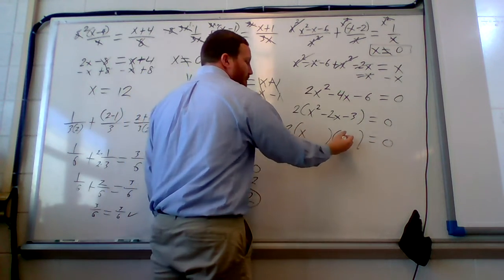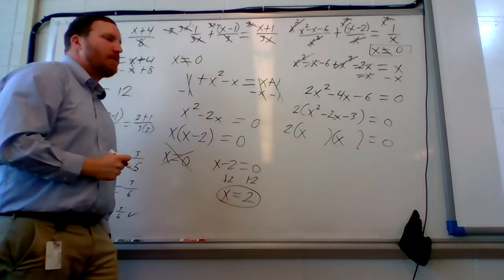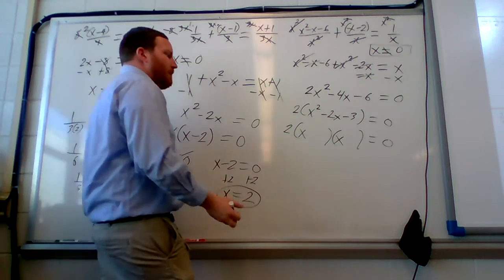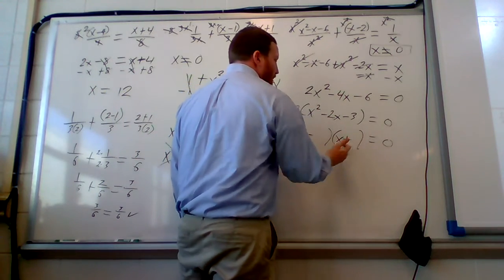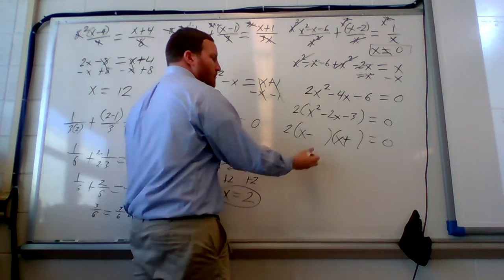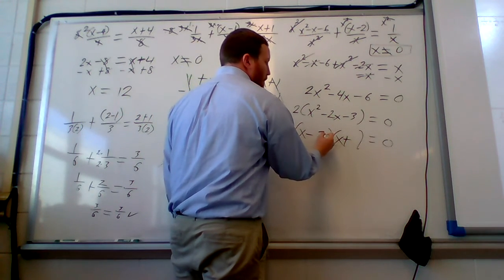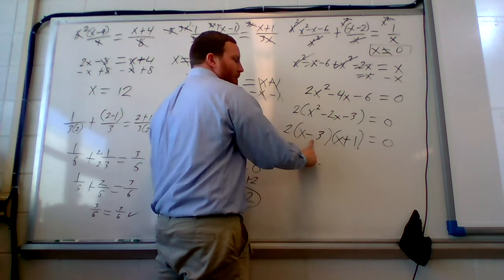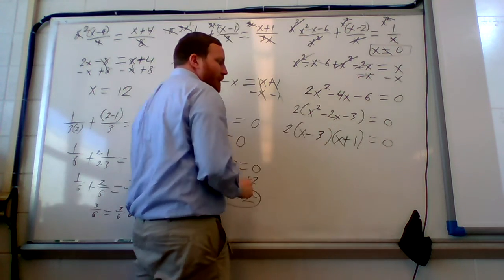What are my signs going to be when I factor this? Minus, plus, or plus, minus. And then our numbers, negative 3 and 1. So negative 3 plus 1 gets us negative 2. Negative 3 times 1 gets us negative 3.